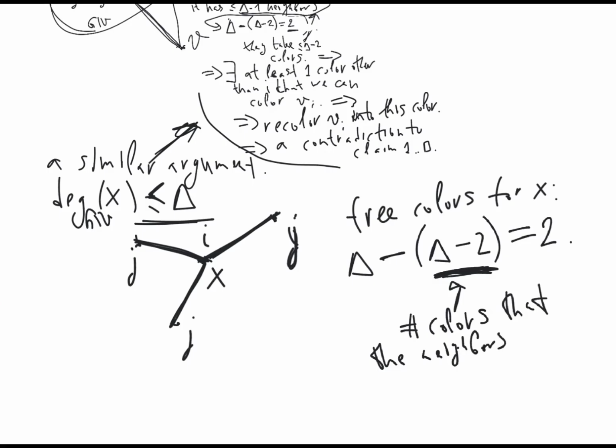The number of colors is less than or equal to delta minus 2, the maximum number of colors that the neighbors of x take.